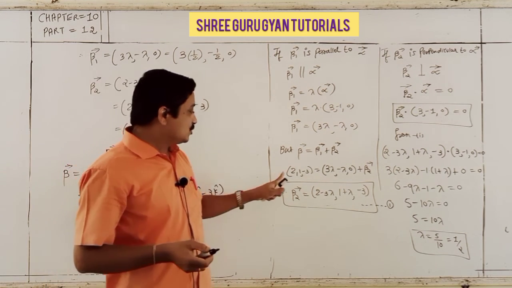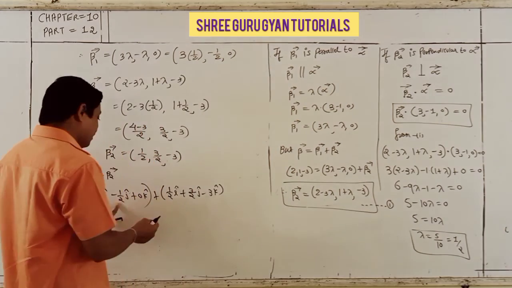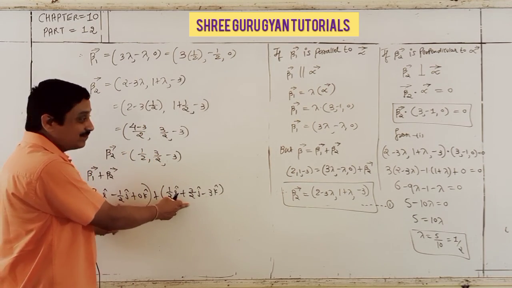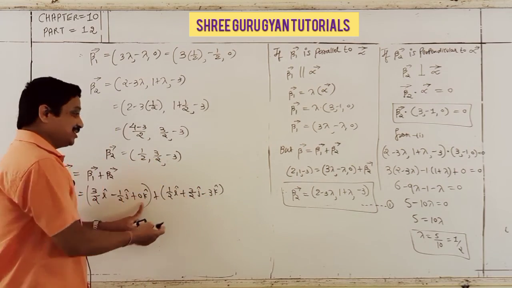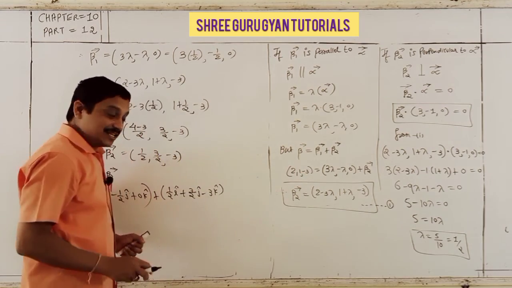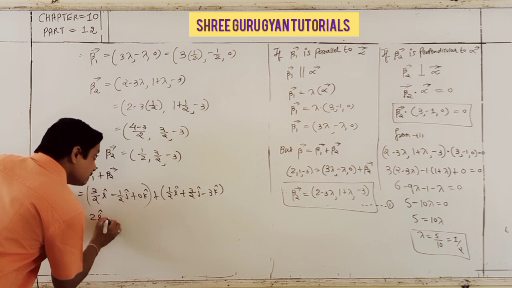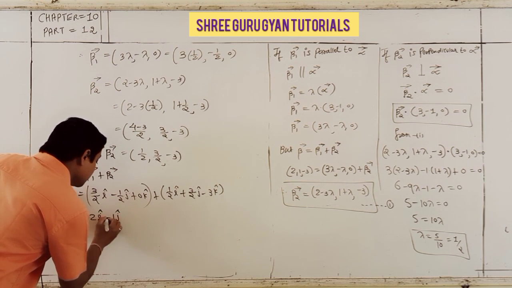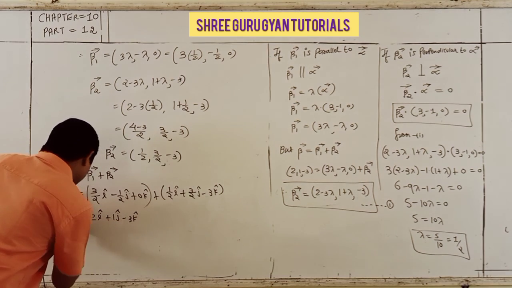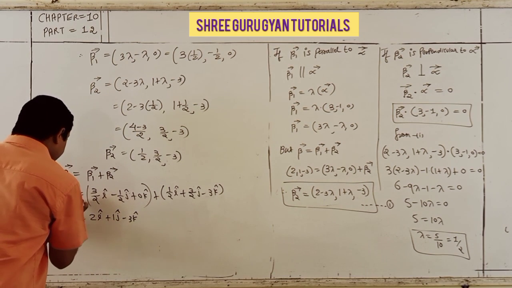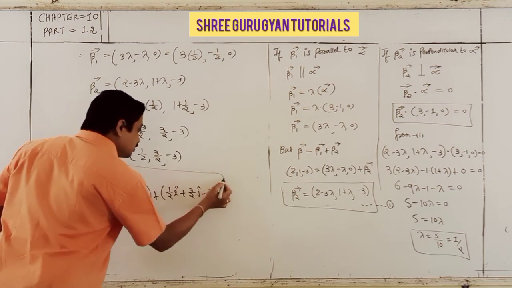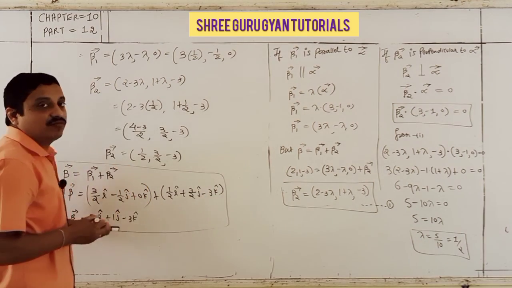Check, your beta is 2. Yes. Next, minus half and 3 by 2 is 1. Yes. And 0 and minus 3k is minus 3k. It means your final result is 2i plus 1j minus 3k, that's your beta. And this expression, students, is your final target for this numerical.